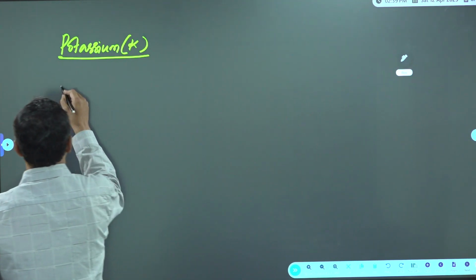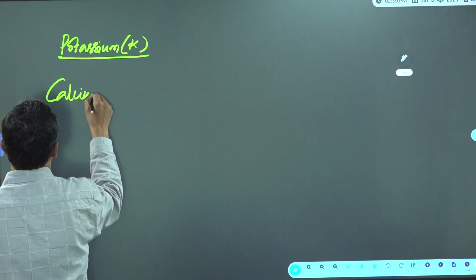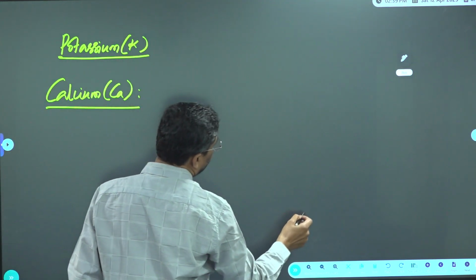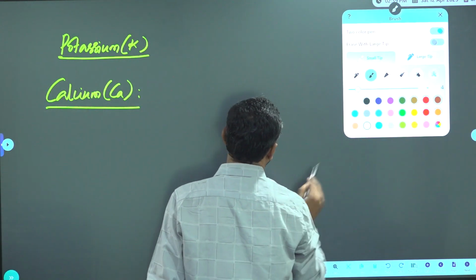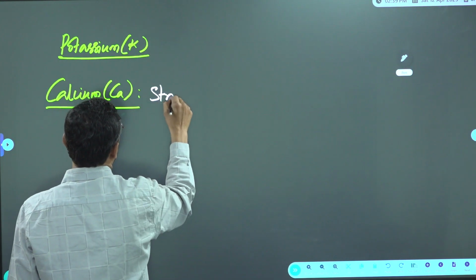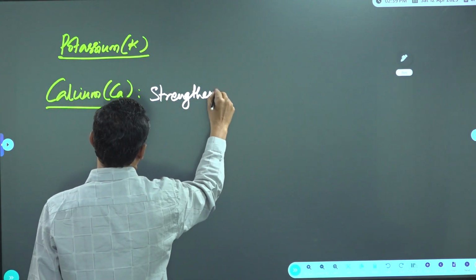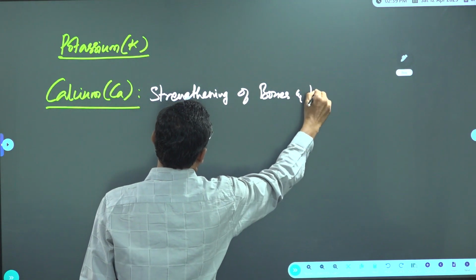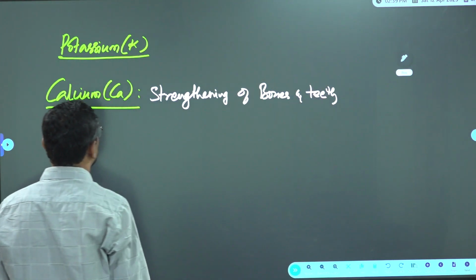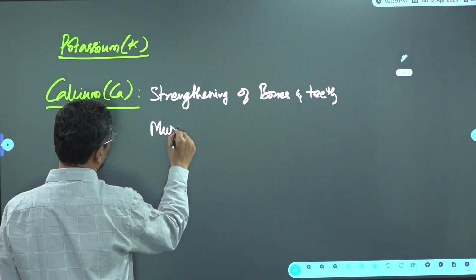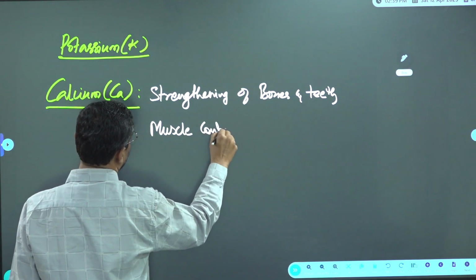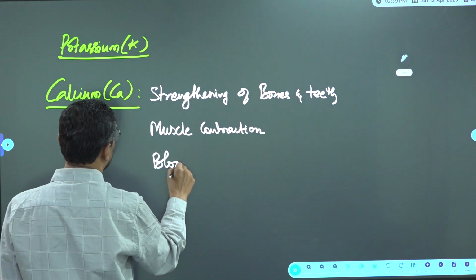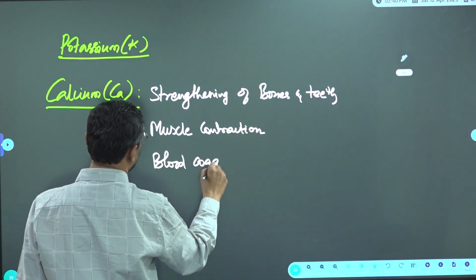Next, calcium, Ca. It is required for strengthening of bones and teeth. It is required for muscle contraction, and also for blood clotting, blood coagulation.